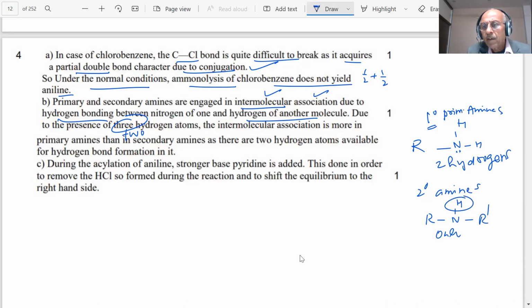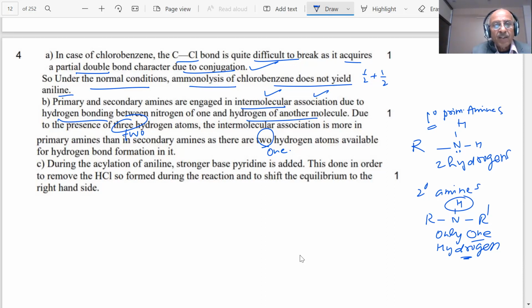Only one hydrogen, which can form intermolecular hydrogen bond with another molecule. So the more the number of hydrogens attached to the nitrogen which can form intermolecular hydrogen bonding, the higher will be the boiling point. So you can make a correction here. There is only one hydrogen in secondary, and tertiary amines don't have any hydrogen on the nitrogen, so their boiling point will be the least.